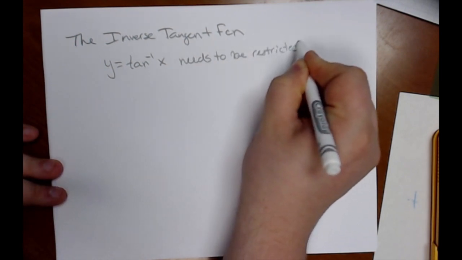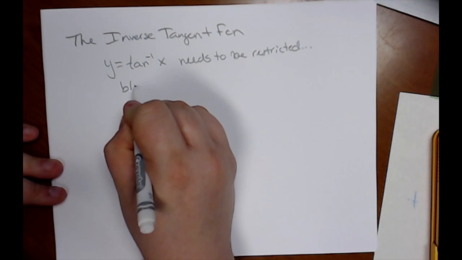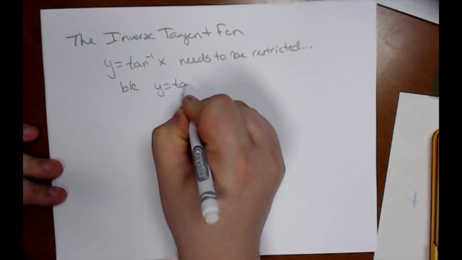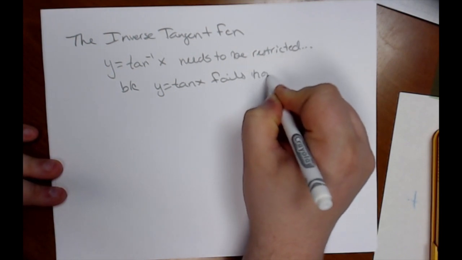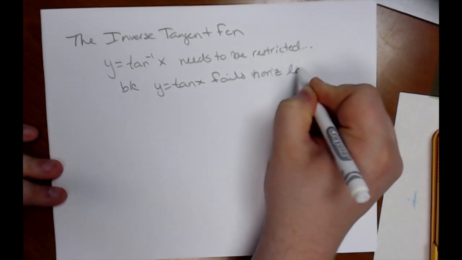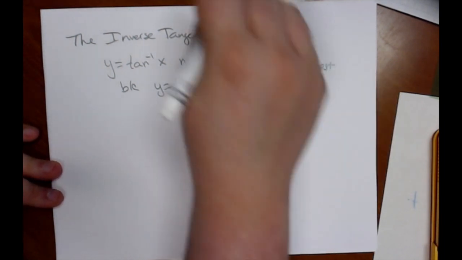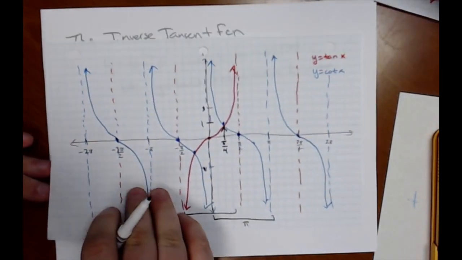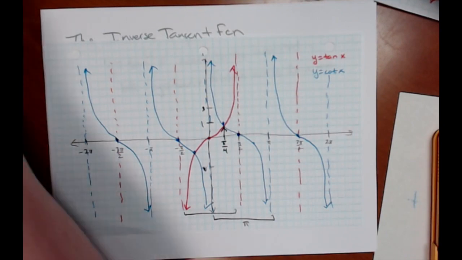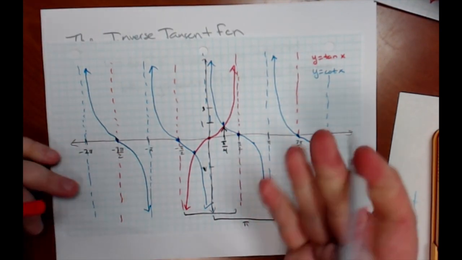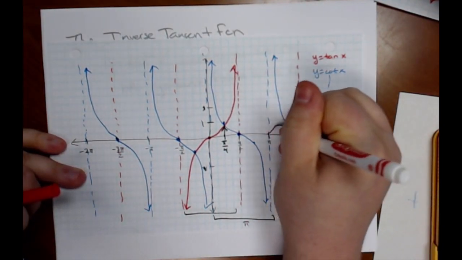Why? Because y equals tangent of x fails the horizontal line test. If I have my graph y equals tangent of x, right, we had multiple copies to the left and right. I'll go ahead and sketch those in on this one.